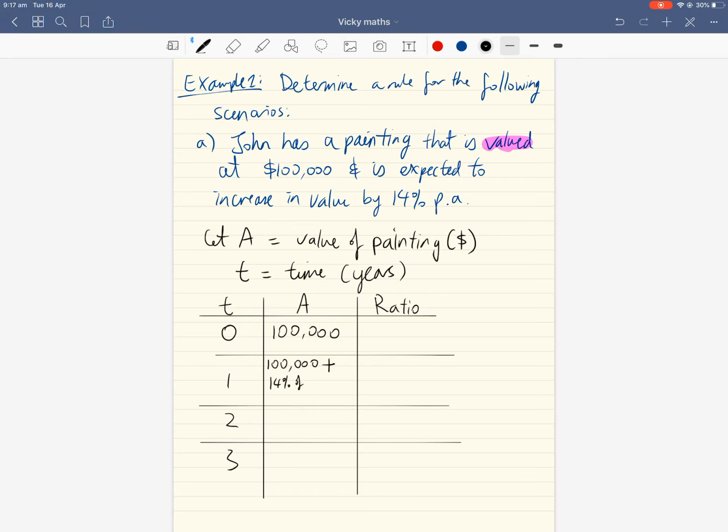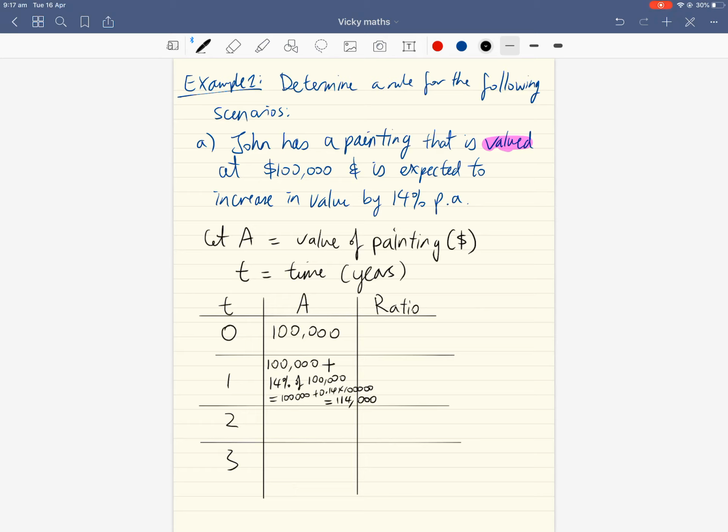So 100,000 plus 0.14 times 100,000 gives us 114,000. Well, let's work out the cost of the next year. So in year 2, what's the cost of the painting?